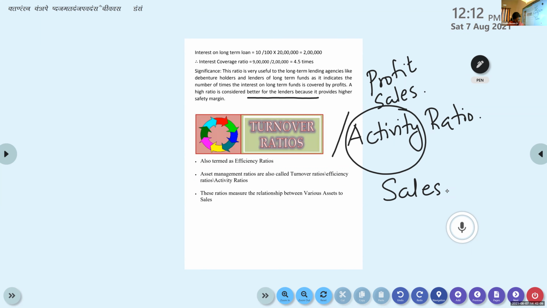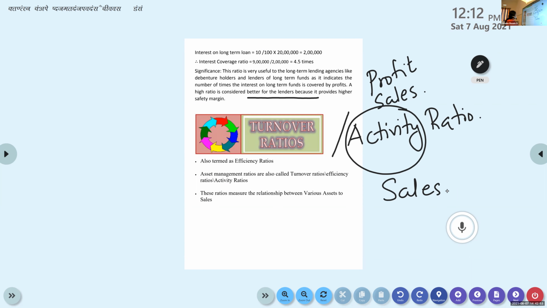Okay. So this turnover ratio means the rate at which the business is using its assets. How the business is making use of its assets in order to make sales. How are the assets utilized? Whether they are making use of the assets efficiently. Whether the management is done properly, the resources are used correctly to earn profit, to make sales.